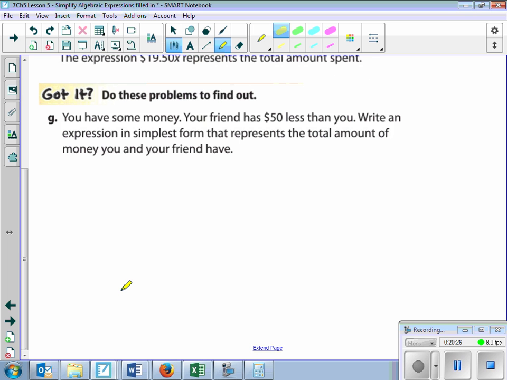You have some money. Your friend has $50 less than you. Write an expression in simplest form that represents the total amount of money that you and your friend have. So, do we know how much money you have? No. So that's going to be our variable. So x is equal to your money. Okay?